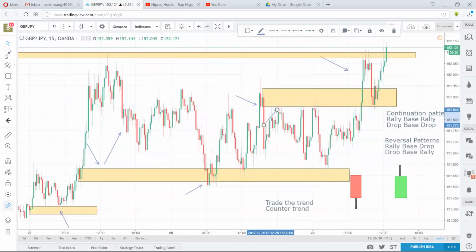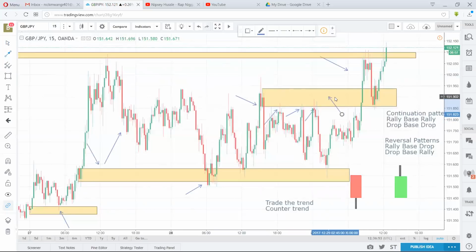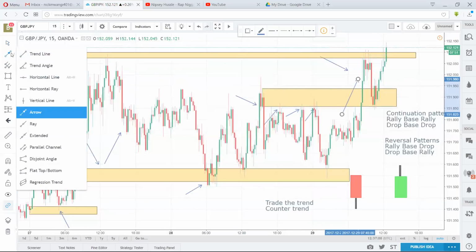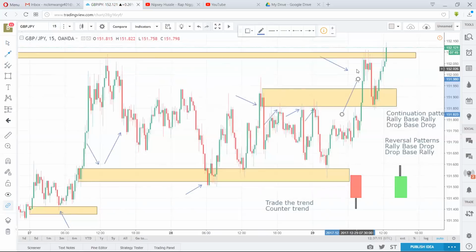And now you'll see it tested this zone again until it finally broke out. There's one thing I want to point out. It'll work the same as the way support and resistance works. When you break out of a zone, supply or demand zone, there is most definitely going to be a retest.